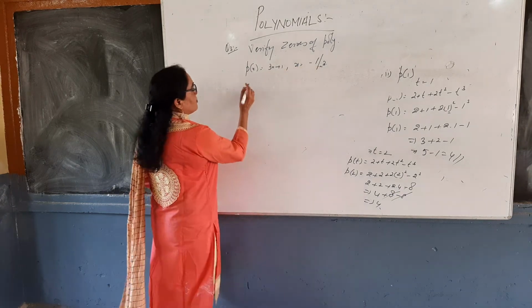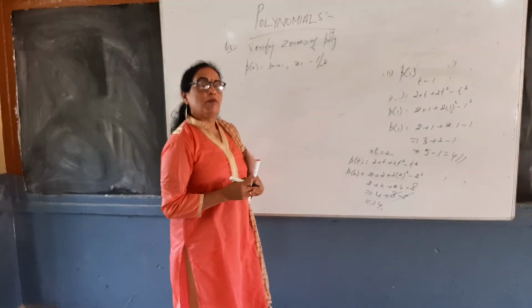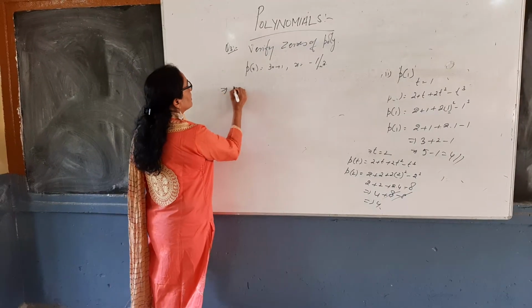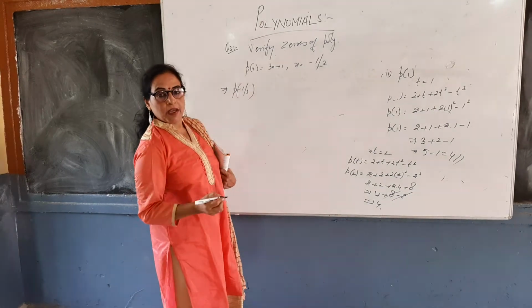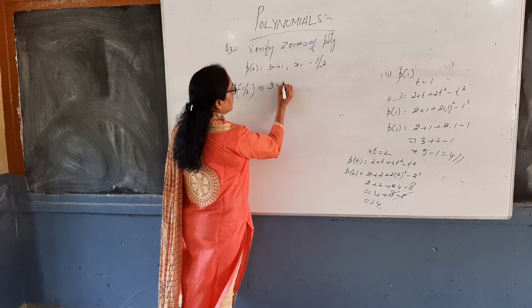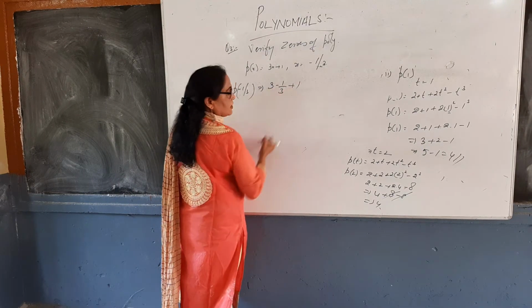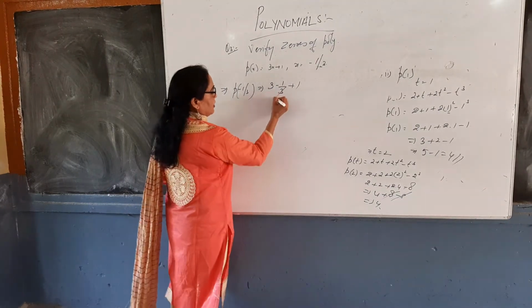Here Px is 3x plus 1. What we will do? We will replace x by its value, minus 1 by 3. So you will get P of minus 1 by 3, replacing x by minus 1 by 3, that is 3 into minus 1 by 3 plus 1. This 3 will be cancelled.